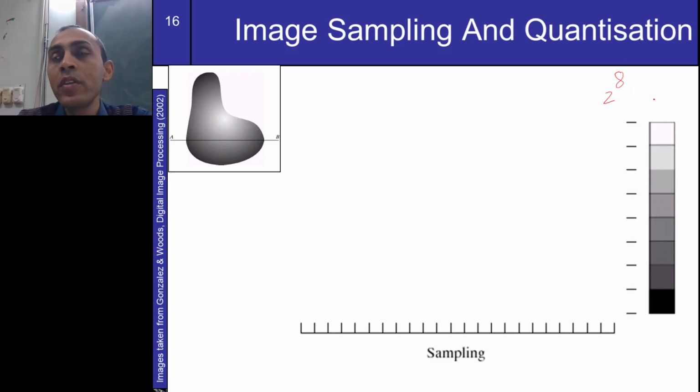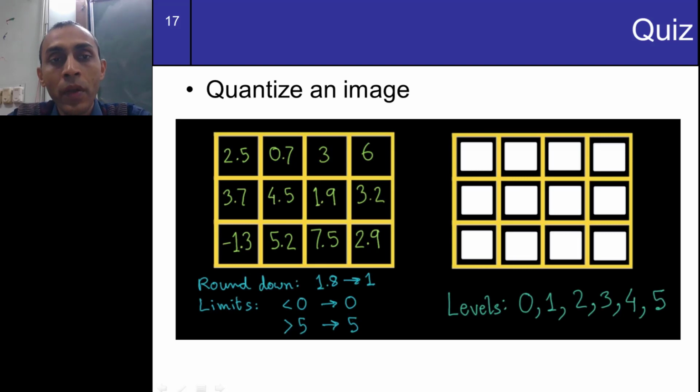If we are storing only positive values, we can store values from 0 to 255. And if you also want to store negative values in 2's complement, we will have from minus 127 to 126. Okay.